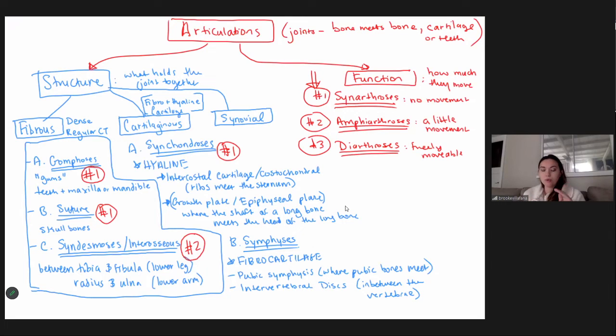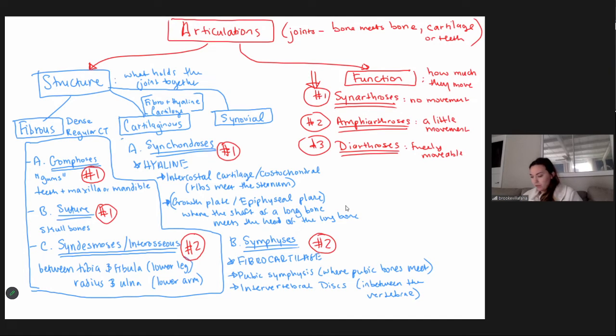Okay, so those are both symphysis joint, the pubic symphysis in between the pubic bones, and then the intervertebral discs in between the vertebrae. It probably sounds a little like some movement is required, right? Every time you walk, you have a little bit of movement in between the vertebrae and a little bit of movement in between the pubic bones. So this is a number 2, an amphiarthritic joint.